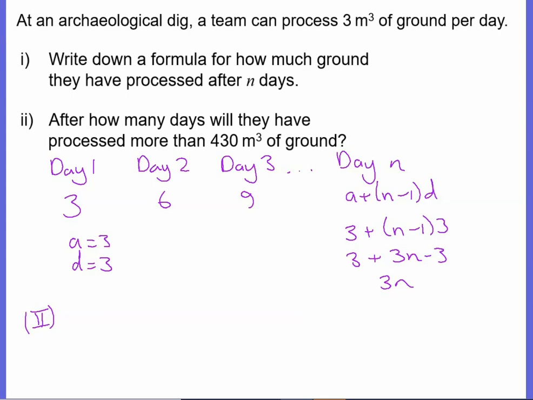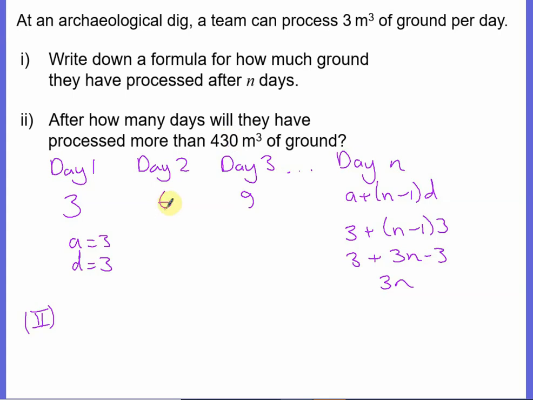But what that would do, to find the sum, that would mean after day 2, for example, we would have done 9 cubic meters, but after day 2, that is 6 cubic meters. After day 3, there's only a total of 9. If we found the sum of all 3, we'd actually have 18. So we're going to get to this total of 430 very, very quickly. And that just isn't the case.